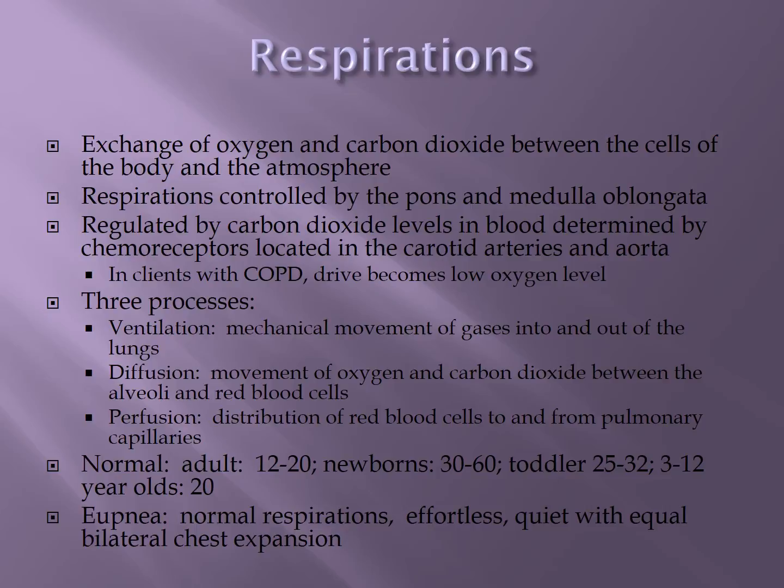Now, we have a whole group of clients who have chronic obstructive pulmonary disease, and their drive to breathe becomes low oxygen levels rather than carbon dioxide levels, because in these individuals, they typically run high carbon dioxide levels, and the medulla oblongata has kind of gone, okay, don't need to be paying attention to that, and now we need to be looking at what's their oxygen levels.